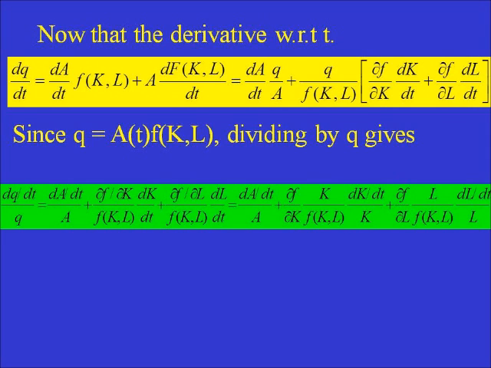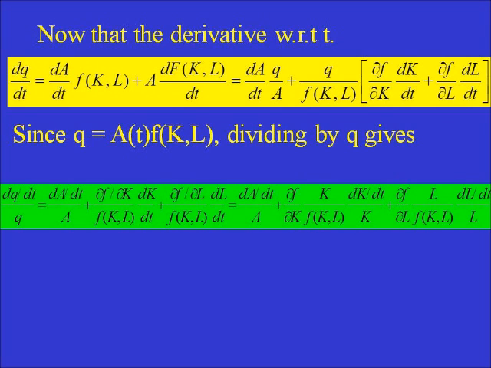The first element remains the same, dA/dt over A. The second element I can write now as the partial of F with respect to K over F, times dK/dt over K. And the third element is very similar: the partial of F with respect to L over F, times dL/dt over L. If you pay close attention, you'll notice that most of the elements in this equation are growth rates.